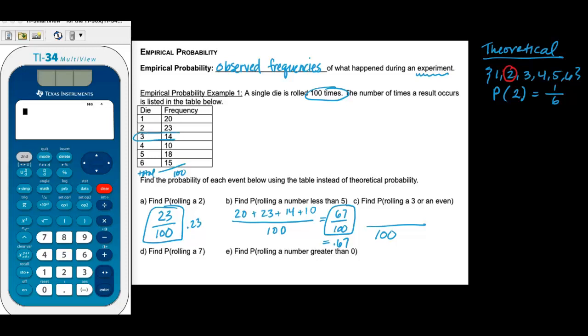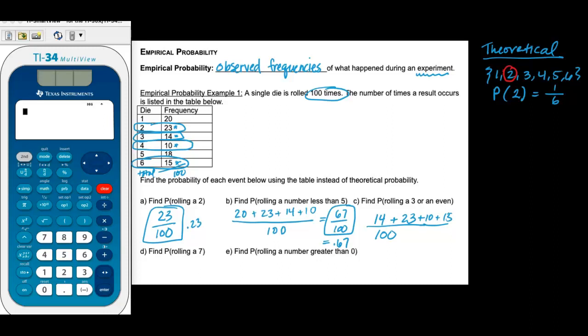We roll a 3 14 times, so we definitely want to count that. A 2 is an even number, so we want to count 23. 4 is an even number, so we want to count the 10. And 6 is an even number, so we want to take that 15. And so we add all of those numbers together.